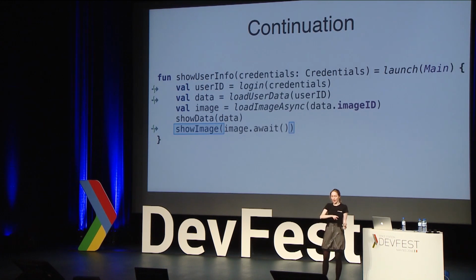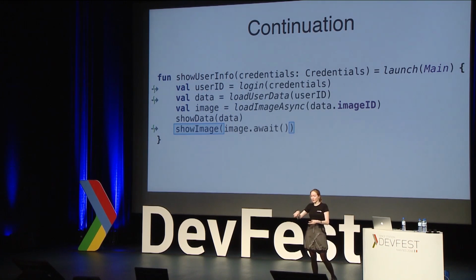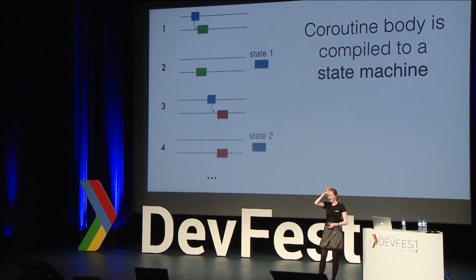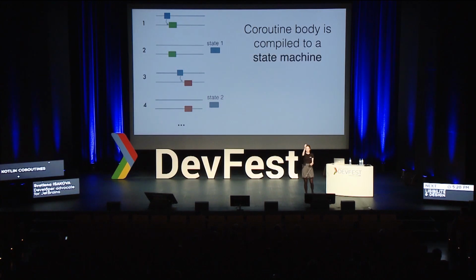Here we don't know how many suspension points we have, because we don't know the implementation of login function, of load user data, etc. But when we store this computation, this coroutine, it is implemented via the state machine, and each suspension point is one of the states. So when we reach the first suspension point, we suspend the coroutine and then restore it, and continue to perform the code, reach the second suspension point, suspend it, restore it later, etc.